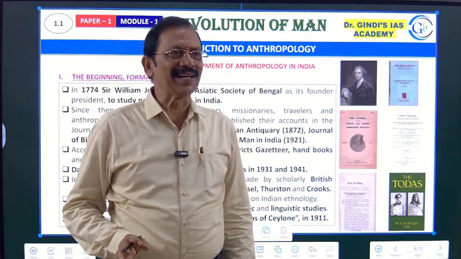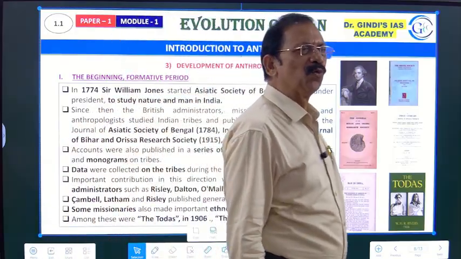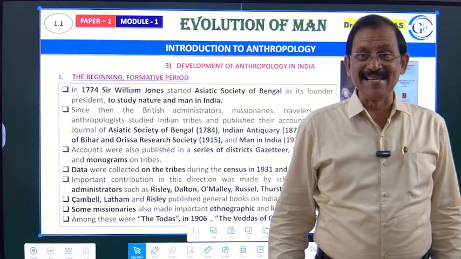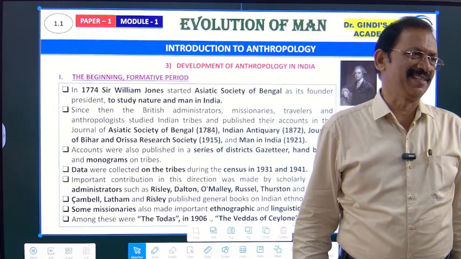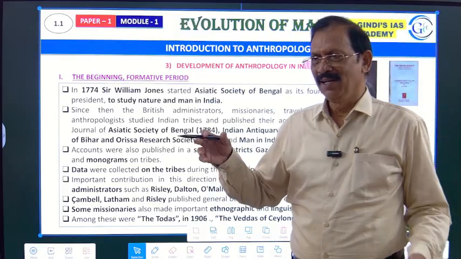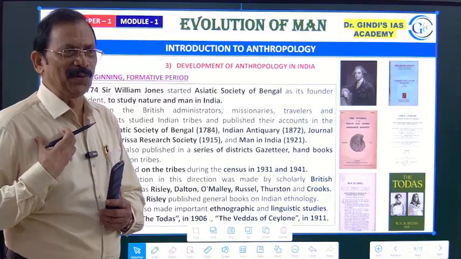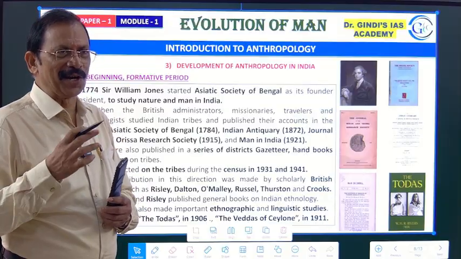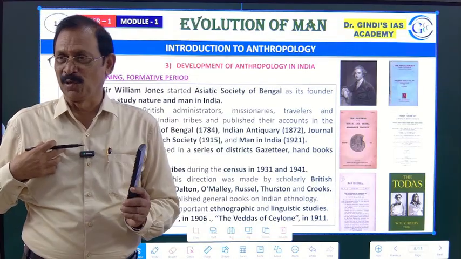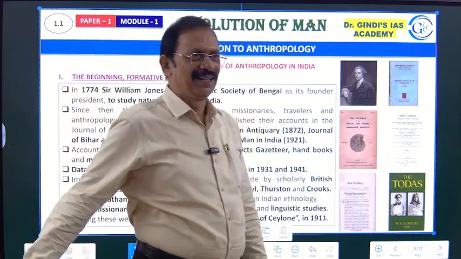Ooty, located in Tamil Nadu, is also called Udhagamandalam, and also the Nilgiri Hills, the Blue Mountains. But as anthropologists, we are not interested in taking photographs at the botanical garden or swimming pool. As anthropologists, we study one tribe, that is the Todas.